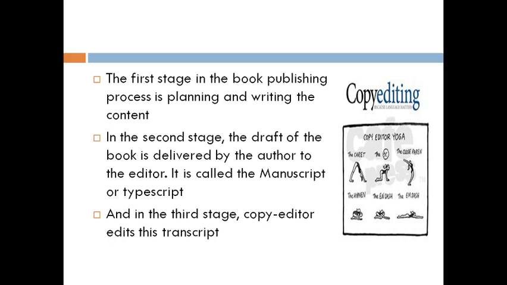And in the second stage, the draft of the book is delivered by the author to the editor for the editorial process, and that draft of the book is called a manuscript or a typescript. The word manuscript comes from something which is written manually by hand. So this is actually a draft of the book.